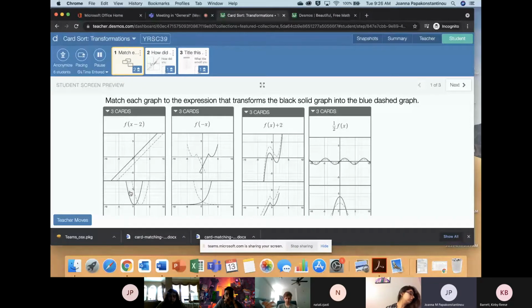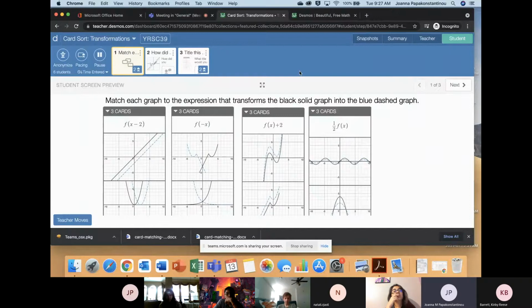The x's are going from positive to negative. So we are looking at a reflection across the y-axis. Here, the parent function in black has been shifted up, so it's a vertical shift up 2. And then here we're taking half of the y values, so we are vertically compressing, making it come closer to the x-axis. Any questions on those?